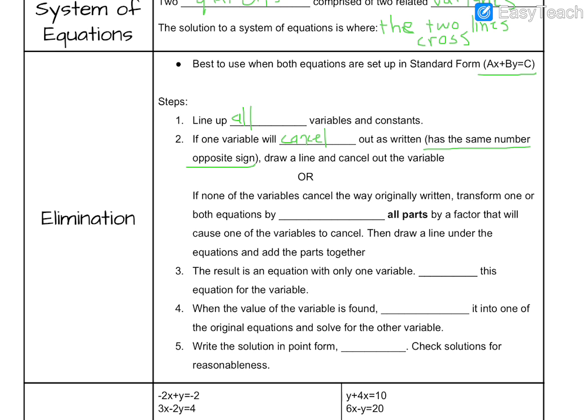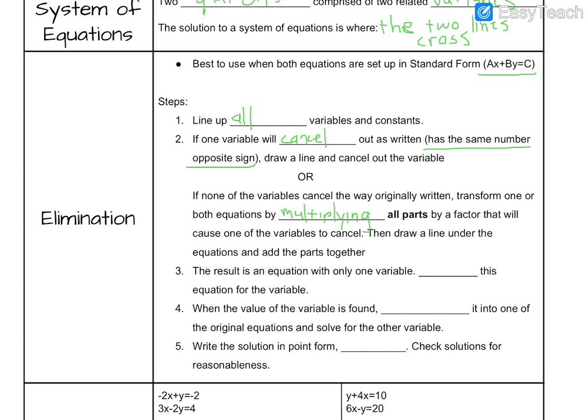We're going to draw a line and go ahead and cancel the variable out. If not, then we need to transform one or both of the equations by multiplying all parts by a factor that will cause one of the variables to cancel. So then we're going to draw our line under it, cancel out, and start solving from there.